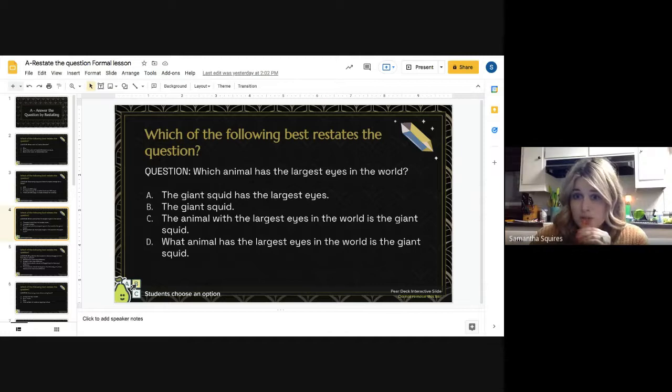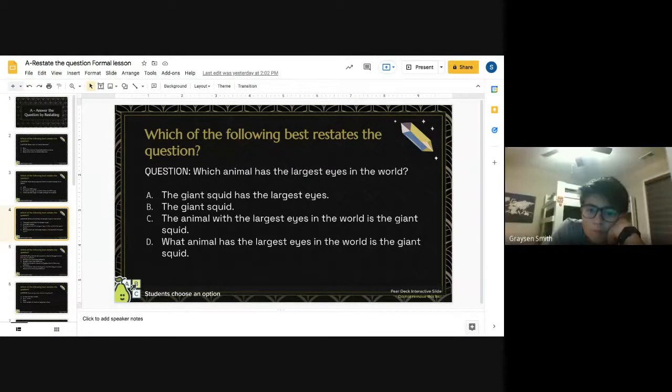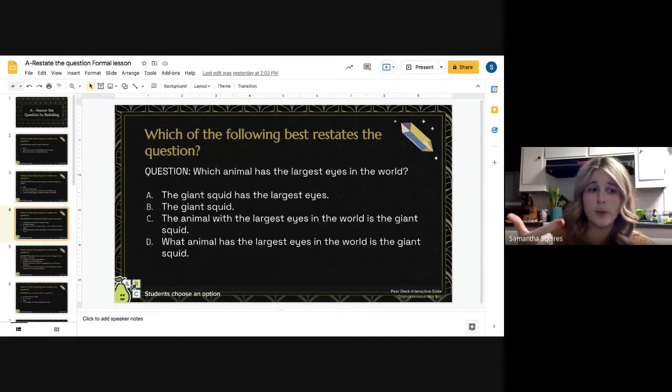Yeah, you use your question mark. So C is a perfect option. The animal with the largest eyes in the world is the giant squid. So we have our R and our A of RACE. So we restate and we answer the question all together.